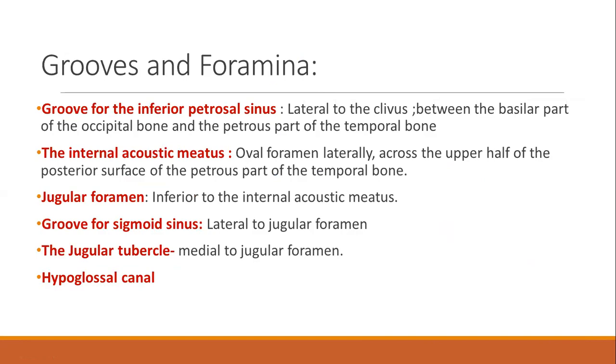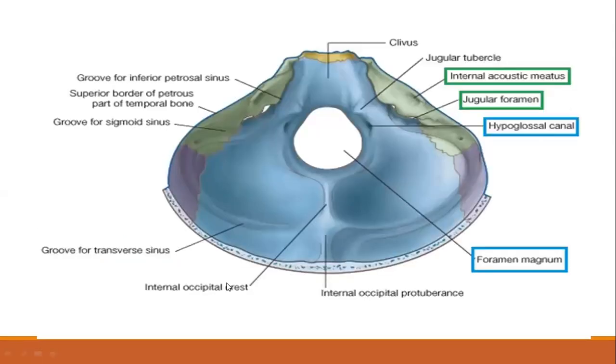Groove for the sigmoid sinus lateral to the jugular foramen, and the jugular tubercle medial to the jugular foramen across the canal. So these are the grooves and foramina. This is the jugular tubercle, internal acoustic meatus, jugular foramen, hypoglossal canal, foramen magnum.